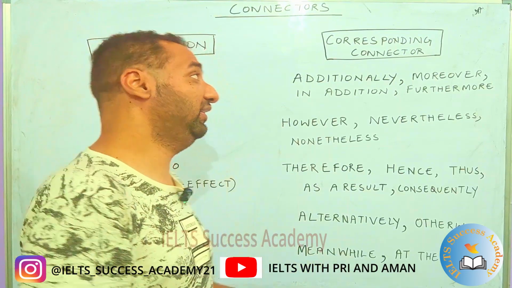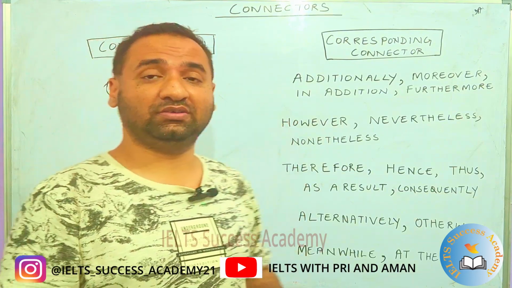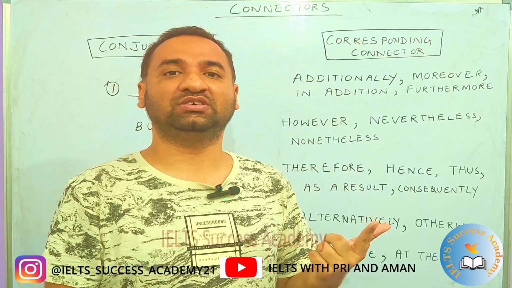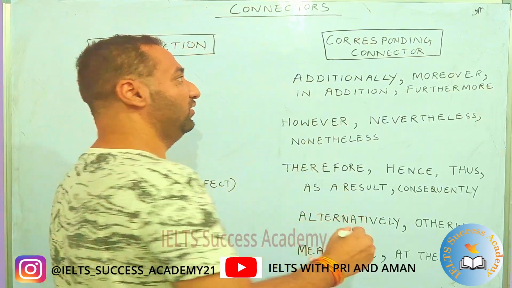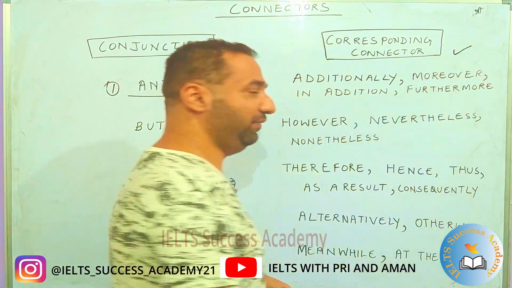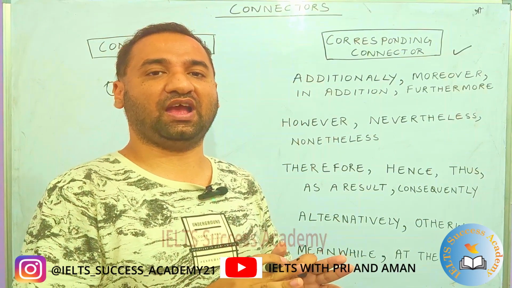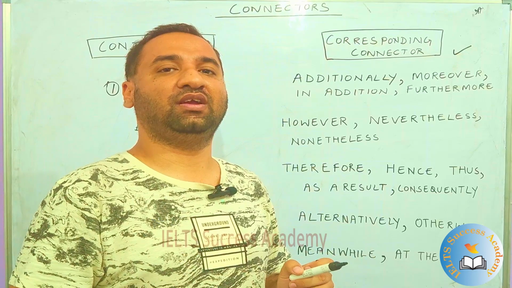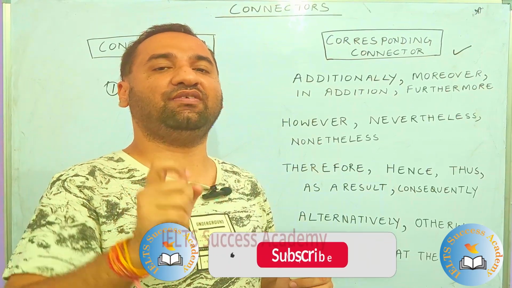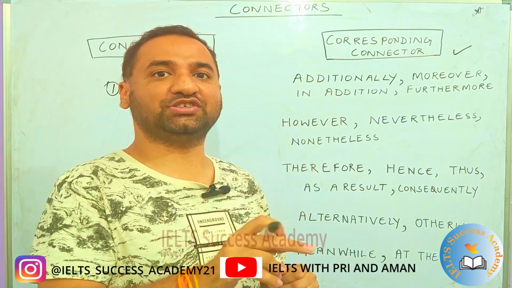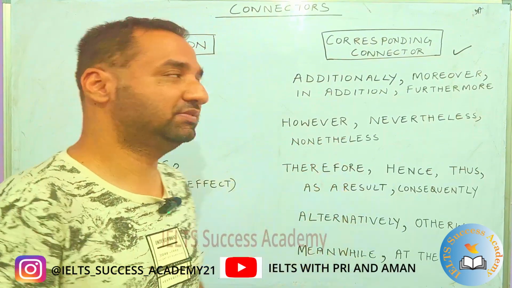Now we can write he will go to the mall. Additionally, he will buy a watch. In the first paragraph we have he will go to the mall, and in the second paragraph we have he will buy a watch. So we can write additionally and connect both the lines.